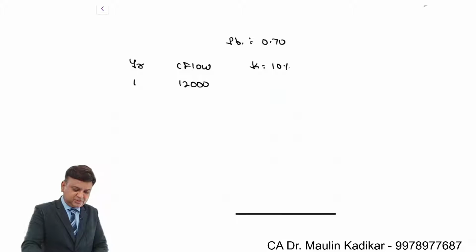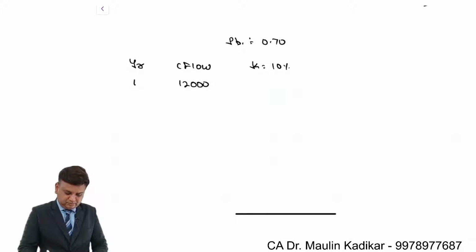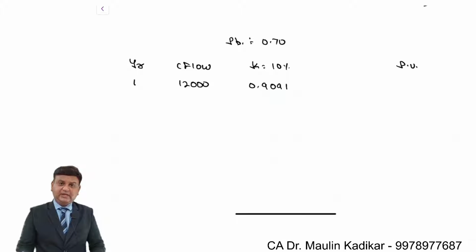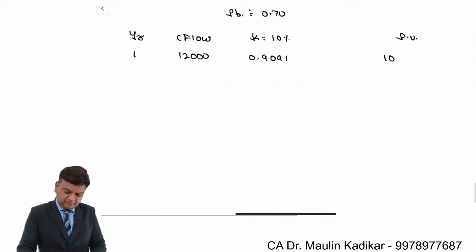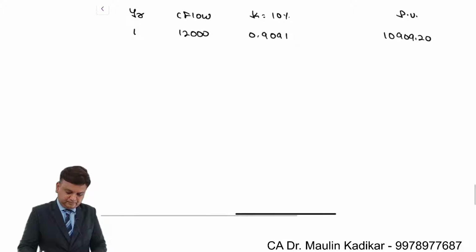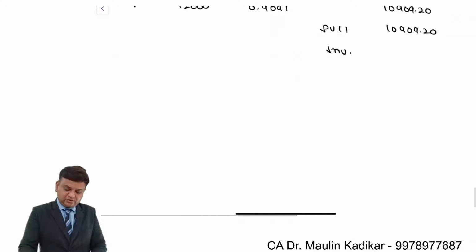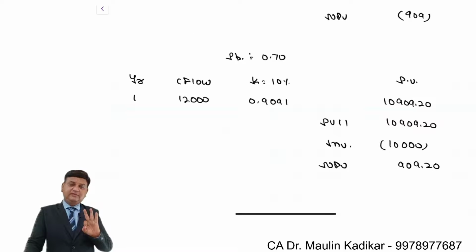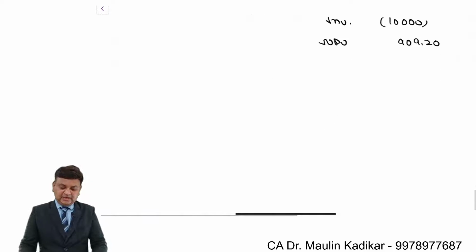Discounting at the rate of 10%, 0.9091, present value 10,909.2. Amount of investment 10,000. NPV is 909.2. So this is the way NPV will be found three times, and then you will have expected NPV.